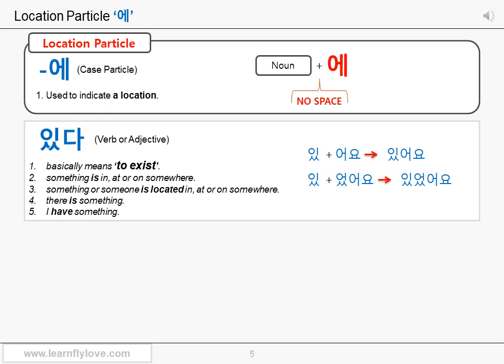It is all because 있다 basically means exist. Okay? 있다 can also be used to mean I have something, but let's talk about this later. Of course, it's 있어요 in the present simple tense and 있었어요 in the past tense.